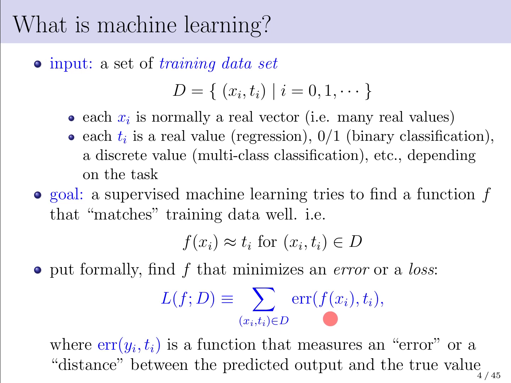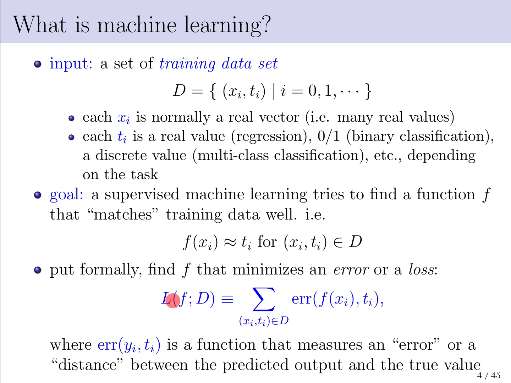For each sample given in the training data set, you compute f of xi, measure the error or the difference between whatever is output by this f and the true output, and you sum the error over the entire data set, which is defined as the loss of this f with respect to the given data set.